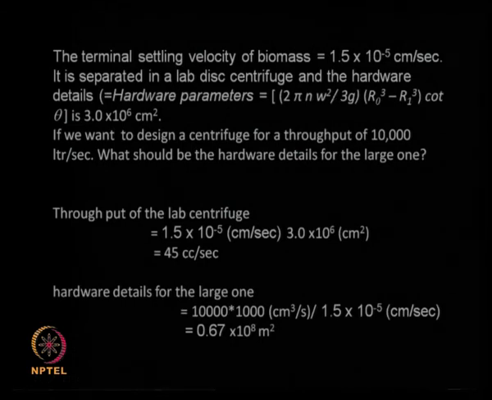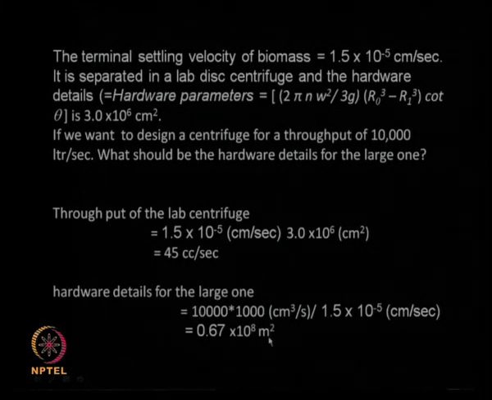You can go to a vendor and look at all the centrifuges available with him, and then you can see which centrifuge has a hardware parameter closer to this. So you may have different combinations of radius, you may have different number of discs, so you can select one of them depending upon which one is closer to this 0.67 into 10 power 8 meter square.